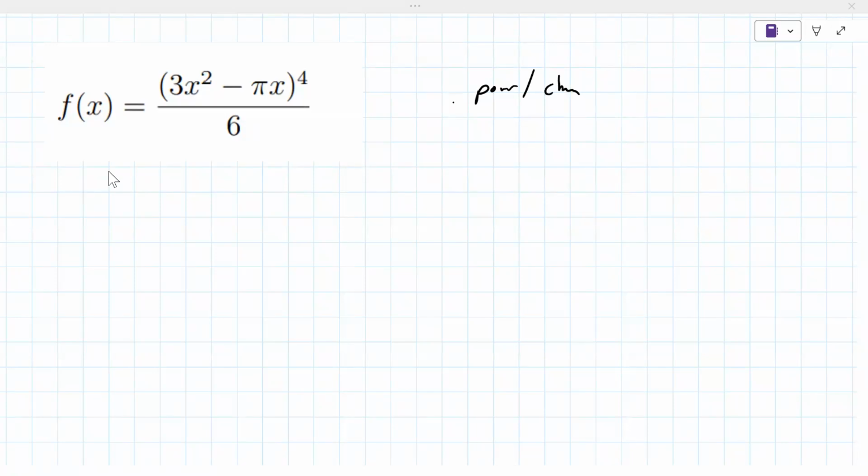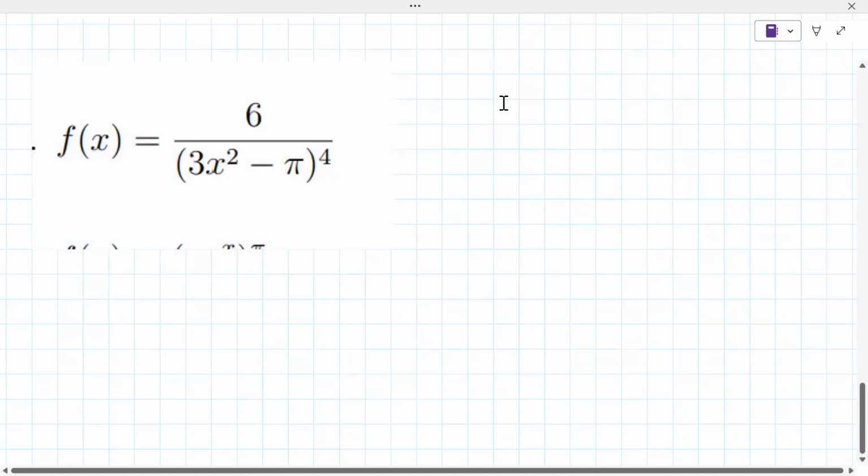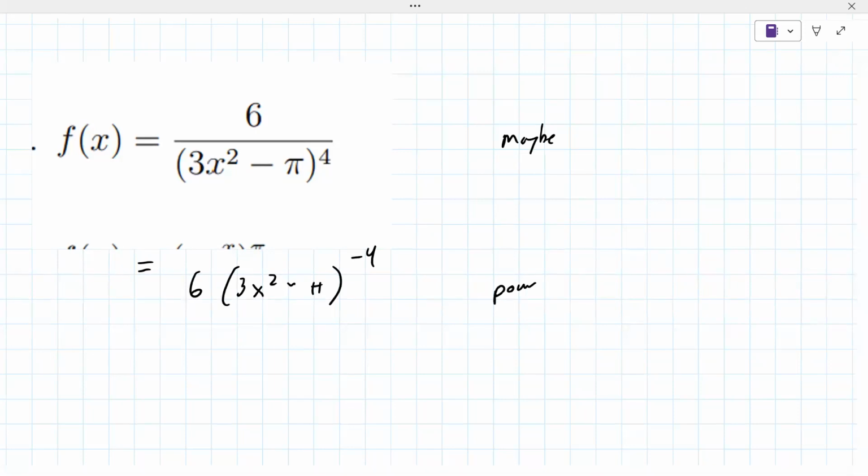How about this one? Is this quotient rule? I don't think so. It's a maybe. Okay, the rewrite here is that you can do 6 times 3x squared minus pi to the power of -4. I would do it using power rule, would never use quotient rule, but you could get away with doing it that way.